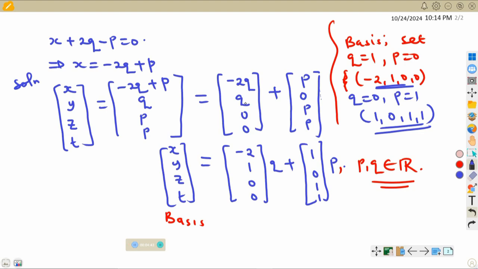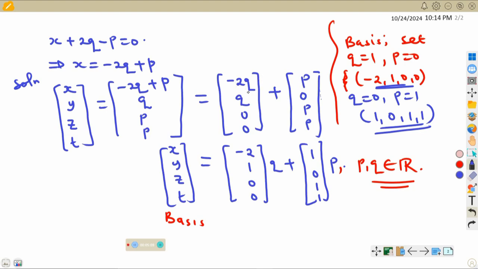If there is only one parameter, set it to 1. But if there are two, set one of the parameters to 0 and another one to 1. If there are three, you set one to be 1 and others zeros, another one to be 1, others zeros, and so on. So you set parameters to 1 or 0, depending on how many they are.